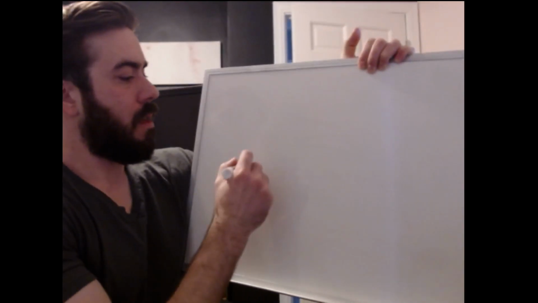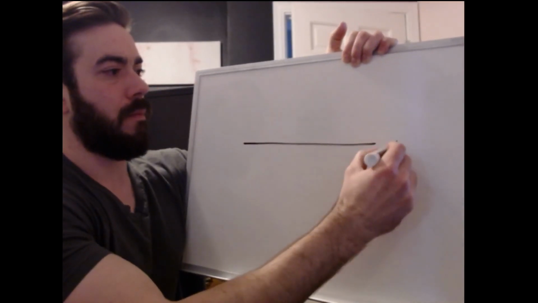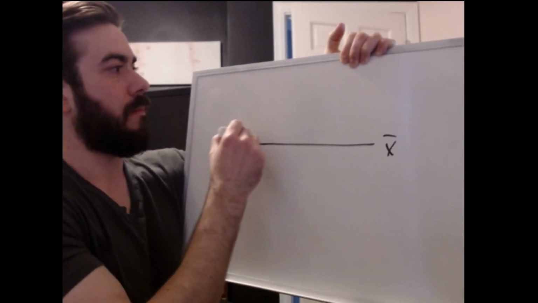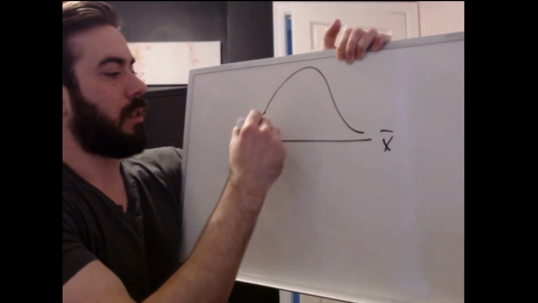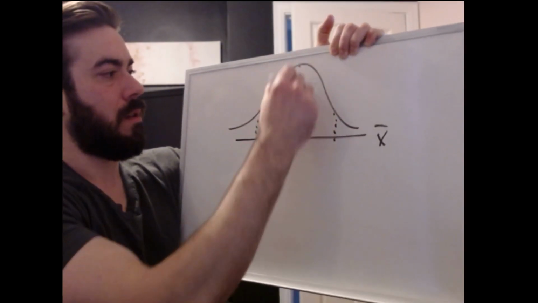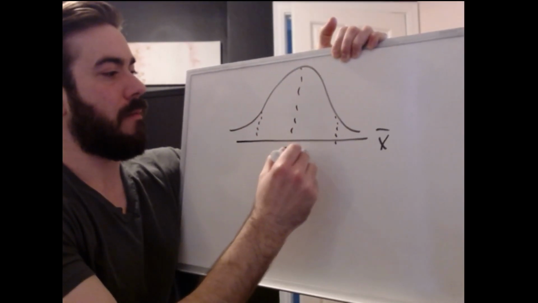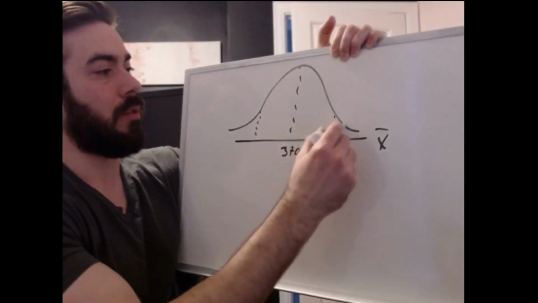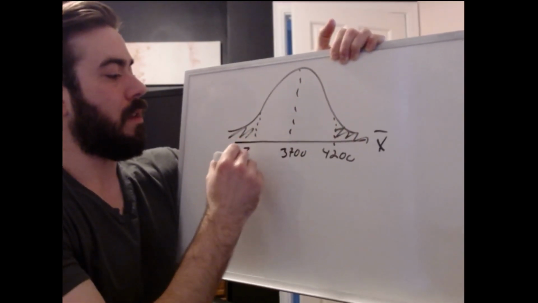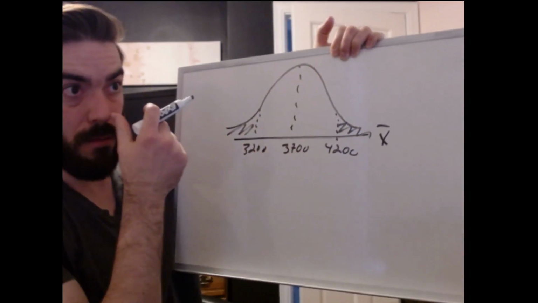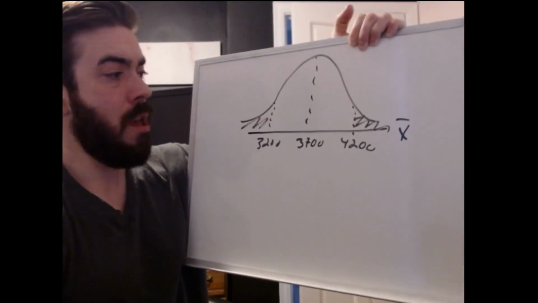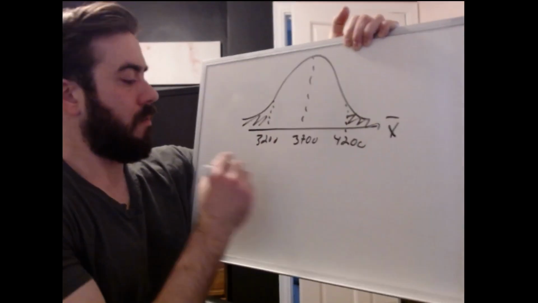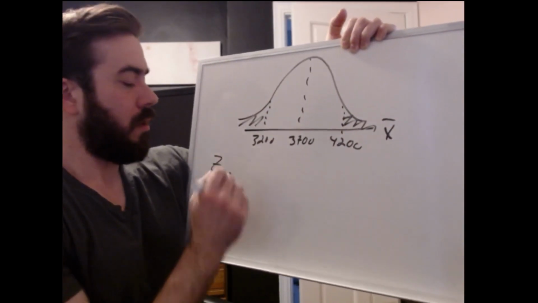So if I've got this guy here, and the mean is 3,700, what's the probability it's greater than 4,200 or less than 3,200? Well, how would I turn these into z-scores?